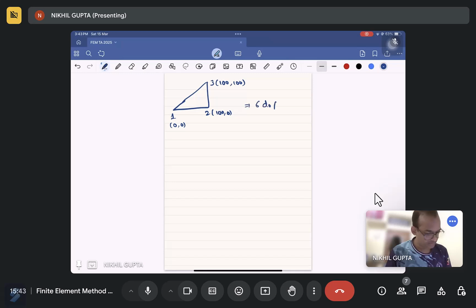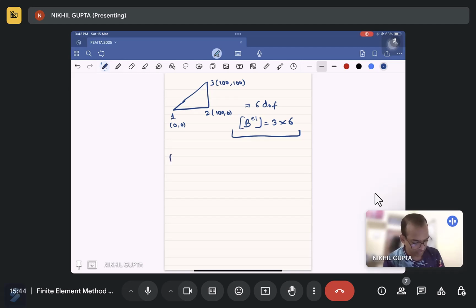So the B matrix will be 3 cross 6. Is it fine with 3 cross 6? Can anyone tell how it has come? Or is it clear? Okay, I'll take that it is clear.